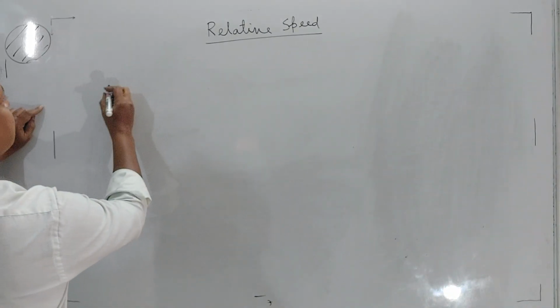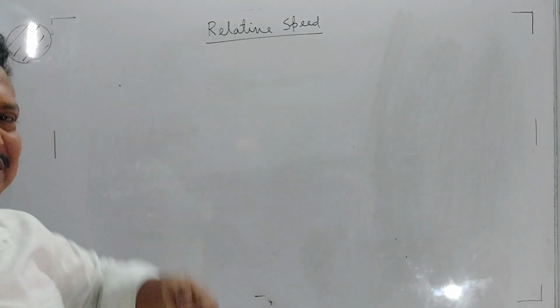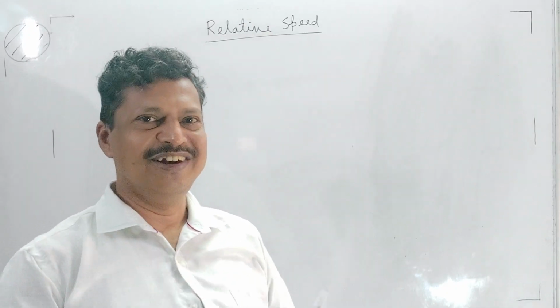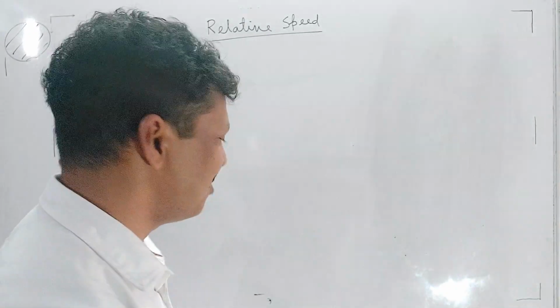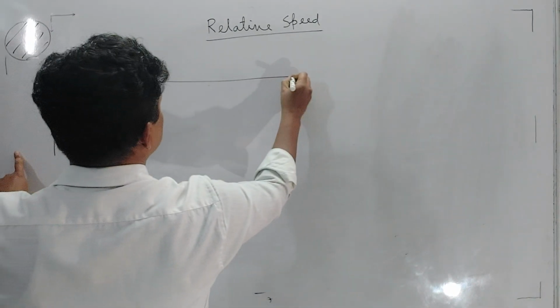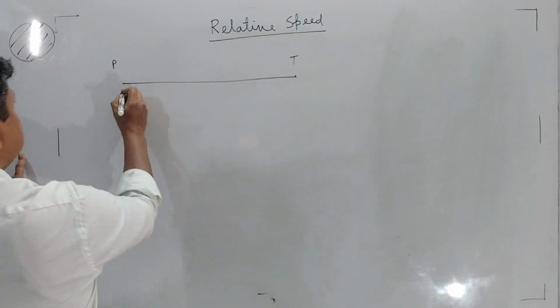So let's say, generally for running in the same direction, you get questions with respect to police chasing a thief. So let me talk about a police and a thief. Police is chasing a thief. So there's a police over here and there is a thief over here. Police is chasing the thief.